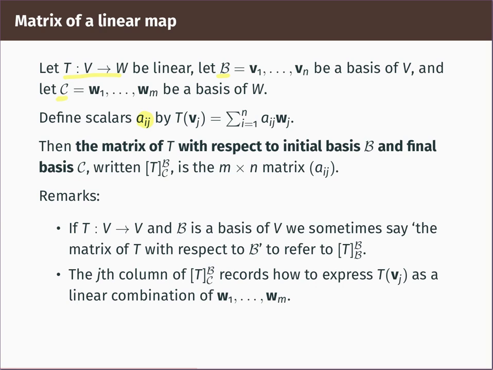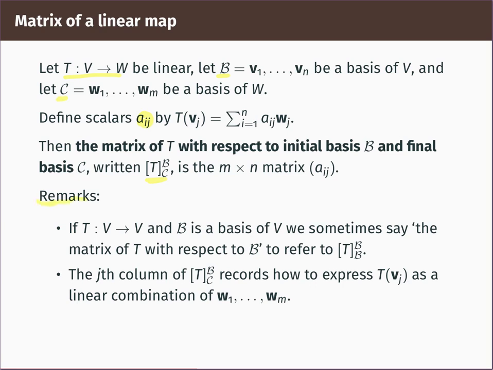Then the matrix of T with respect to initial basis B and final basis C, which we write like this, is defined to be the m by n matrix whose entries are these Aij's, so the scalars that you need to express T of vj in terms of w1 up to wm.